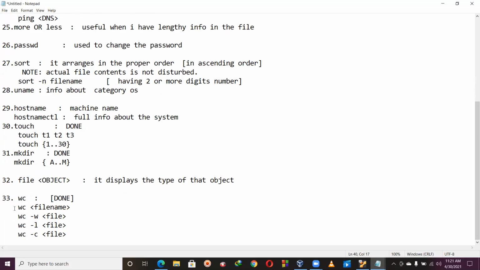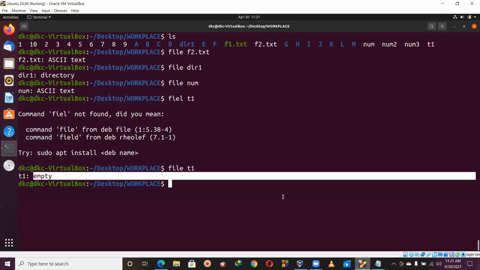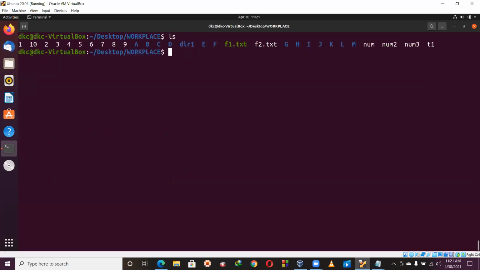See here, on the top, wc file name gives you what? It counts everything: words, letters, everything. Suppose here wc f2.txt shows 12, 460 is the characters, 94 is the words. Number of lines, words, characters. But I don't want every piece of information.